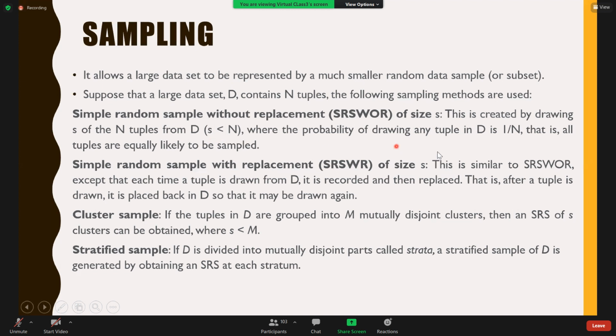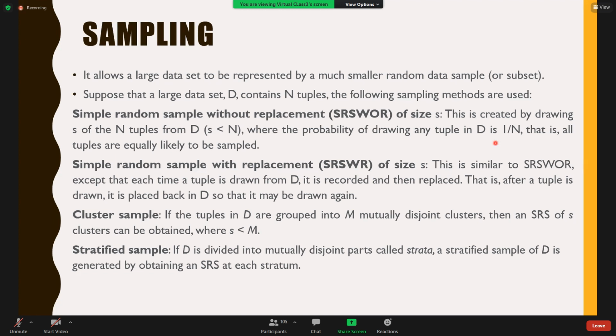And what is the probability of drawing any tuple out of n? It is 1 by n. Means all the tuples are equally likely to be sampled. There is an equal chance for all the tuples. So among n tuples, you are selecting S tuples randomly. This is without replacement.